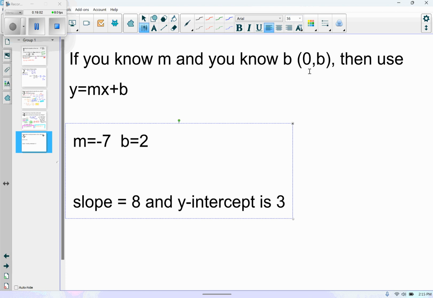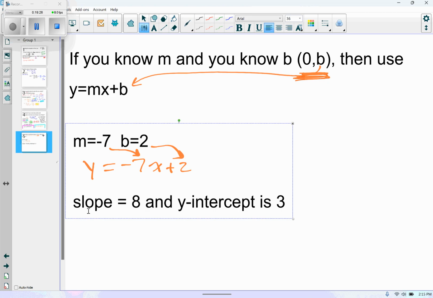So, if you know b, we said it was the y-intercept. So this y value plugs right in there. And then you can find the slope. Sometimes they might say m equals 7, b equals 2. So if m equals 7, or negative 7, b equals 2, there's my equation. This fell right in here. This fell right here.